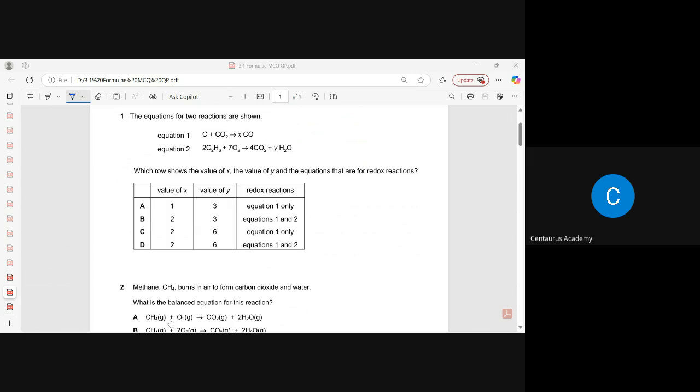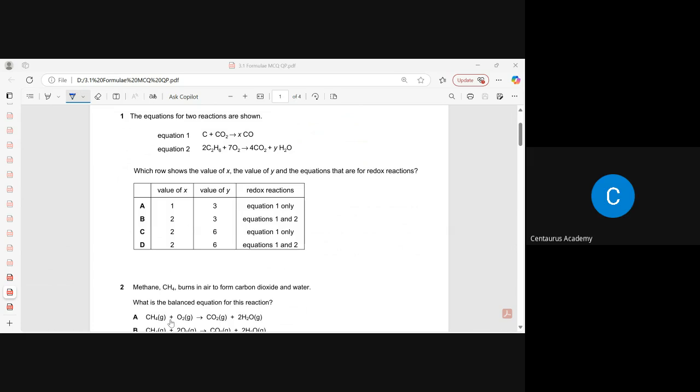Why do you choose C here? It's because I already know equation 1 is a redox reaction since carbon is gaining oxygen and carbon dioxide is reducing an oxygen. But for equation 2, the C2H6, the carbon is gaining oxygen. I don't really know about the redox reaction part.